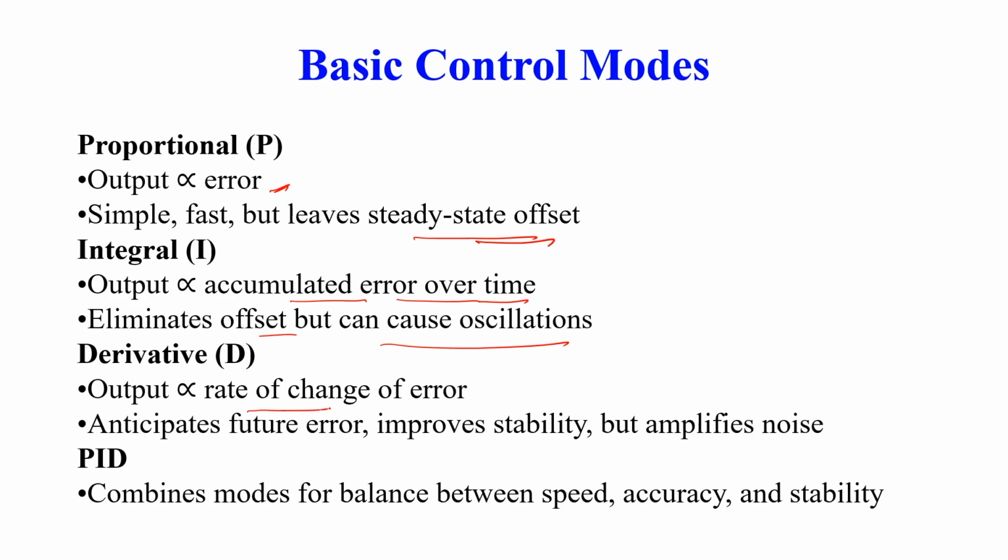Derivative: the output is proportional to the rate of change of error, and it can anticipate future error. It can improve the stability, but it amplifies the noise. And PID control combines the modes to balance speed, accuracy as well as stability. It has the best features among all the other control modes.